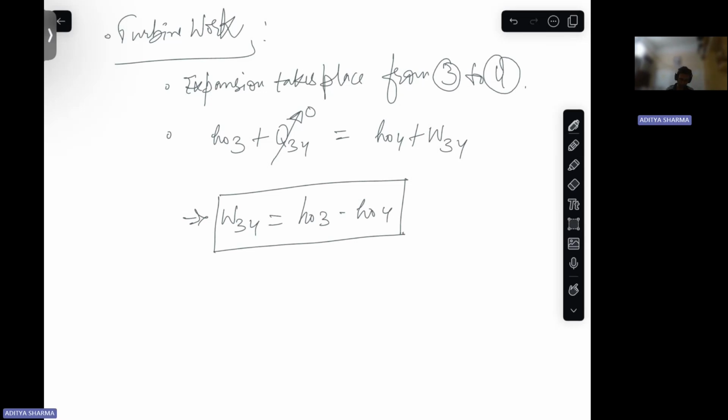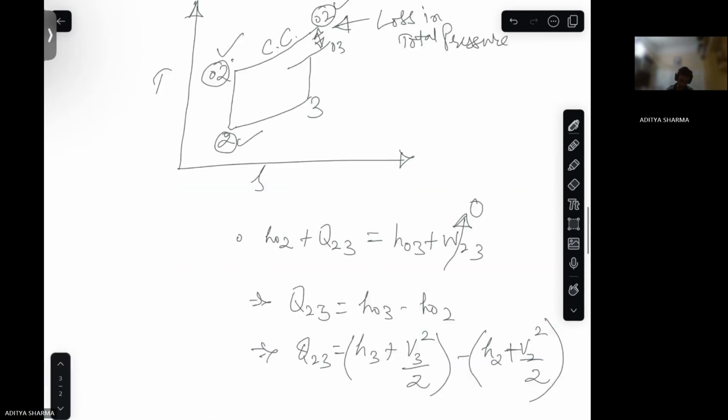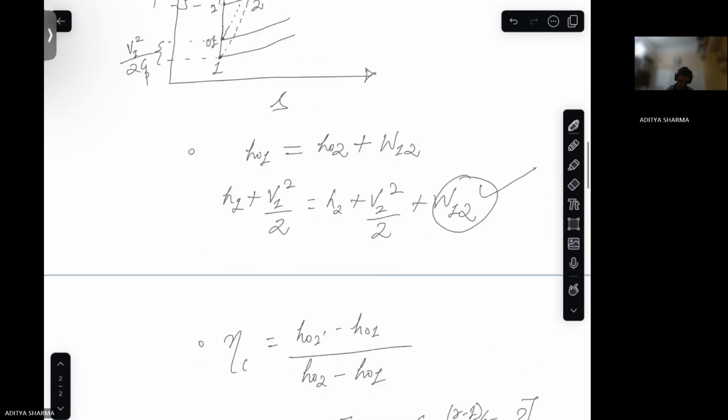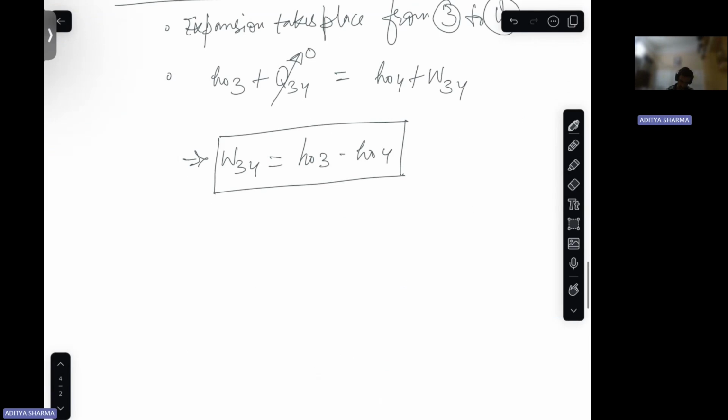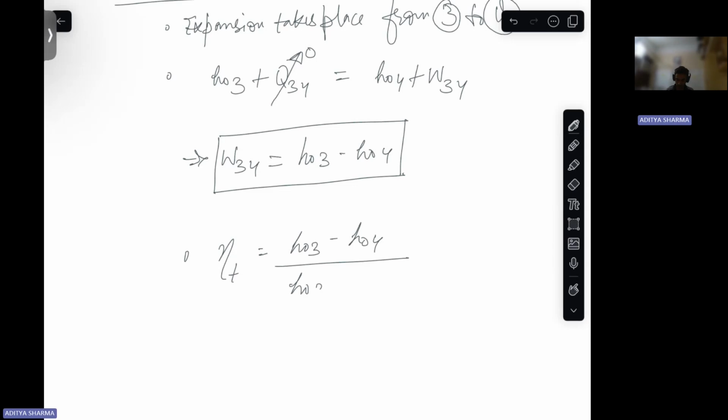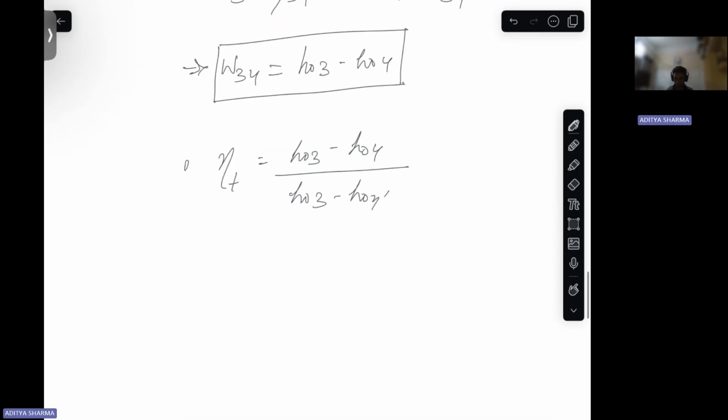Then the isentropic efficiency of turbine has been discussed. The isentropic efficiency of turbine basically is the work that we got over the work that we should have got if the conditions had been ideal, or ideal is isentropic.